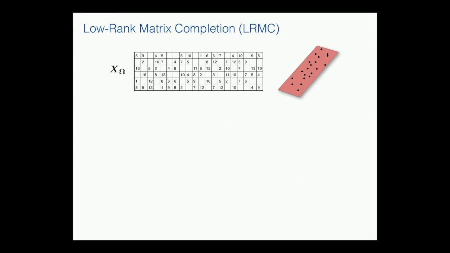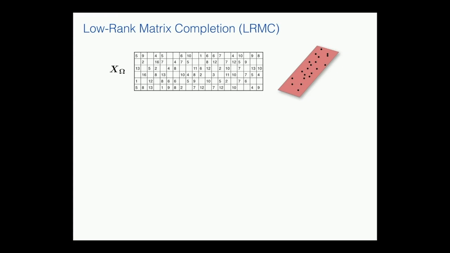Here is low-rank matrix completion. This is a problem that's been very widely studied and is well understood now. We have this incomplete data matrix, and I'll use this subscript omega to indicate the missingness in this data set. Omega is often used to refer to the masking function that says where you have observed and where you haven't observed the data.